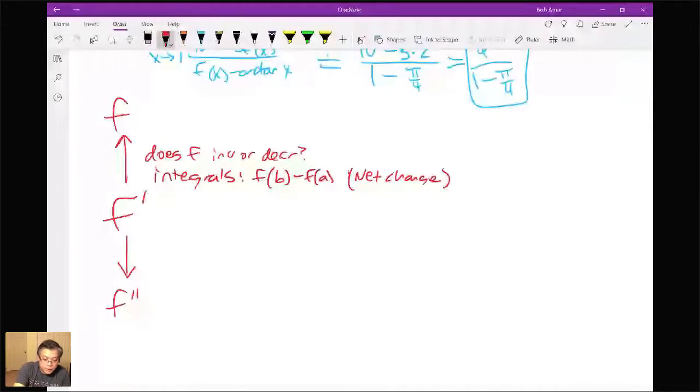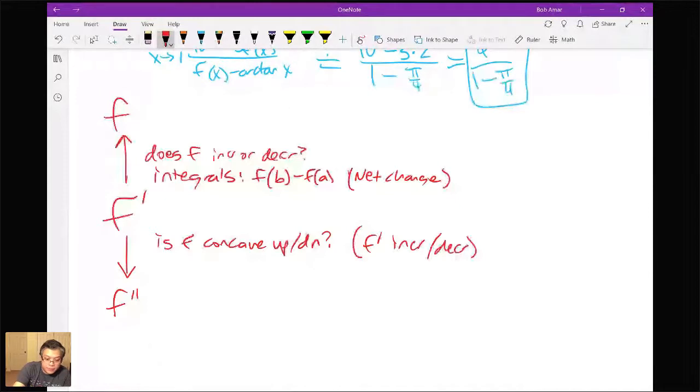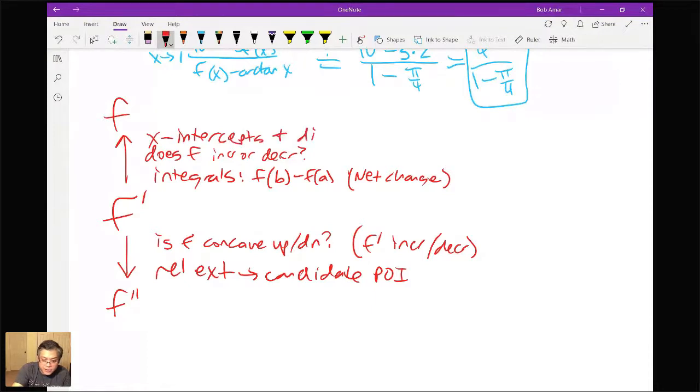Is f concave up or down? And that asks the question, is f prime increasing or decreasing? Okay, and then I can use f prime: the relative extrema are candidate POIs of f.